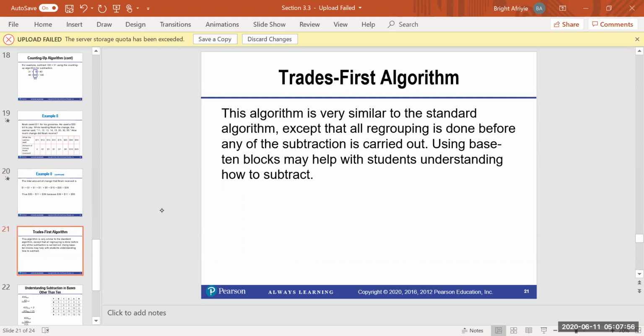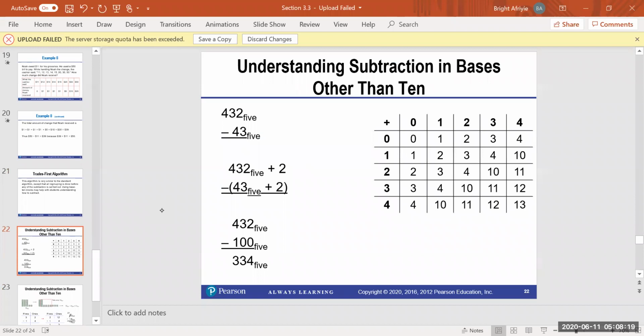Now the trace first algorithm, and these are the instructions you have to go through to get to the trace first algorithm. So these are teaching techniques, ways to subtract that you can adopt, and that will help the kids to appreciate mathematics better. Is that okay? Nice. Now here, this is where I feel you need some more explanation.